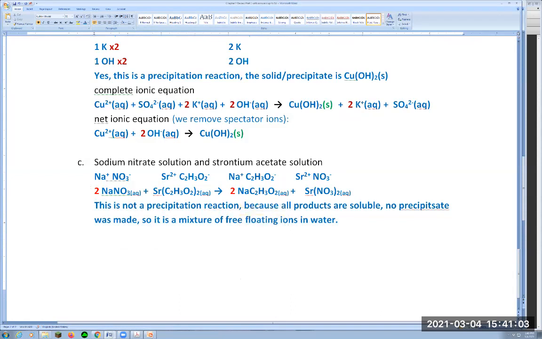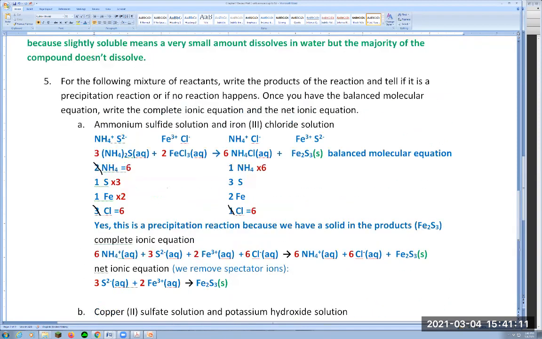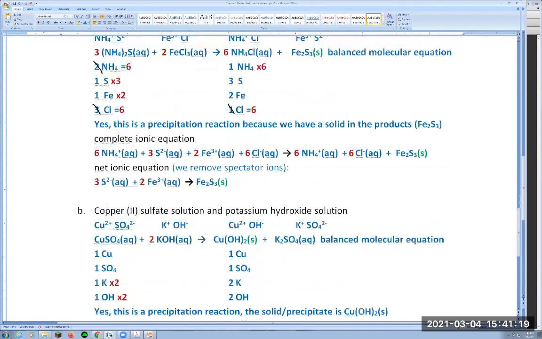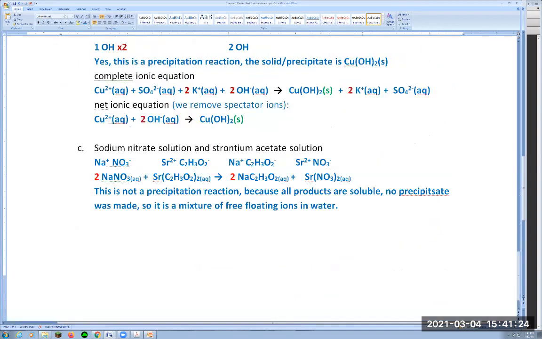And then, because it's not a precipitation reaction, there is no point in writing the net ionic equation, or the net ionic equation would be the same as the complete ionic equation, right? We could write the complete ionic equation, and it would just show all these ions balanced.